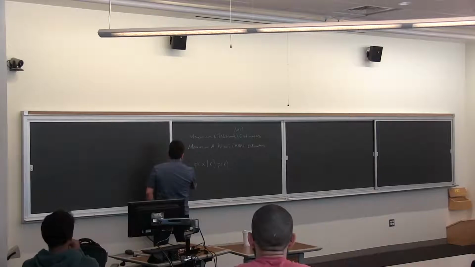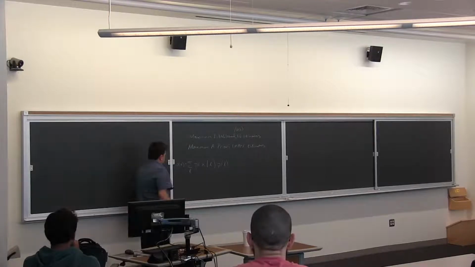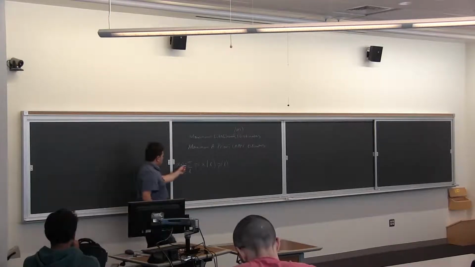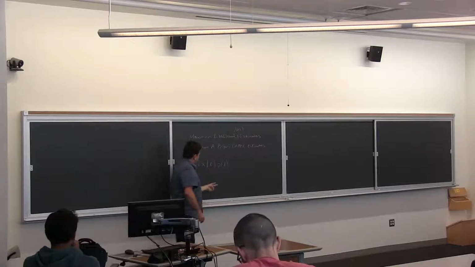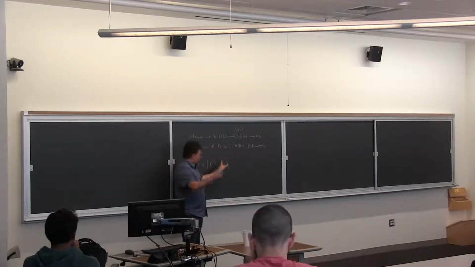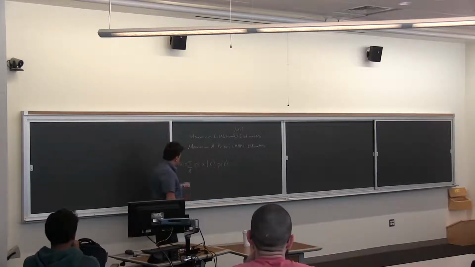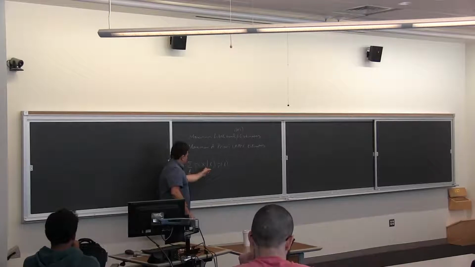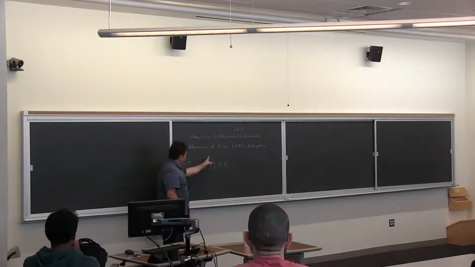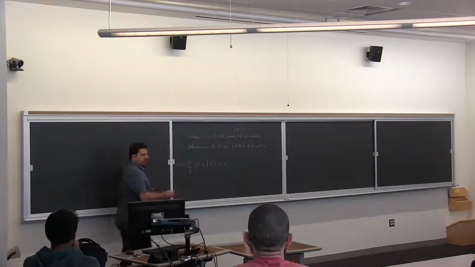Our overall data model is like this: my data vector X is generated from this mixture of class conditional PDFs, where the class priors are mixture linear combination weights. For each class label L, I pick that label with some probability, and then I generate a random vector X from the distribution of that particular class.